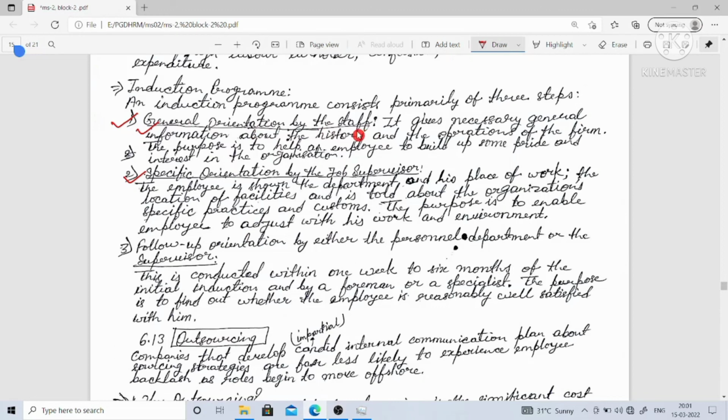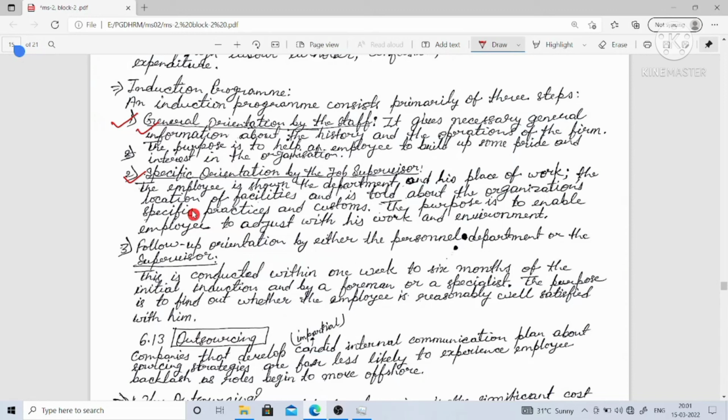And in specific orientation by the job supervisor, the supervisor provides information related to different kinds of facilities and their locations, so that the employee can better adjust to the working environment.